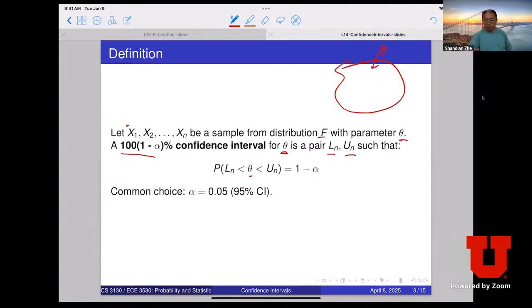If you can find an interval Ln and Un such that the probability of this interval including theta is 1 minus alpha, then we say this interval is a 100 times (1 minus alpha) percent confidence interval. That's the definition. Any question?